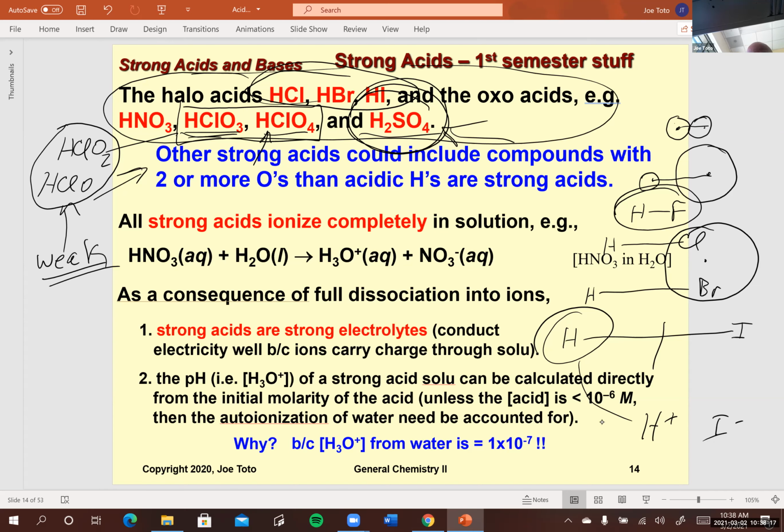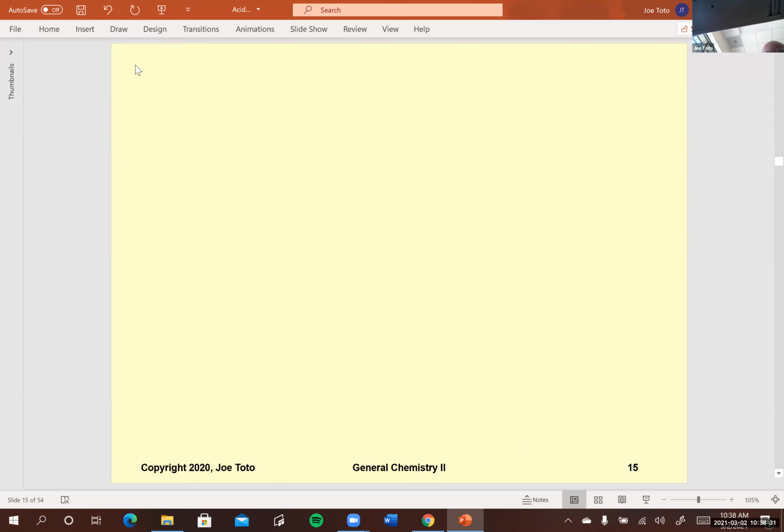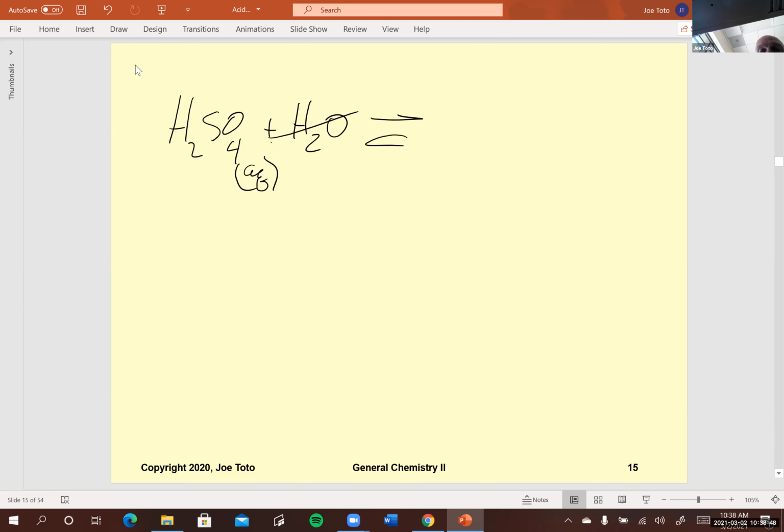And when you were in Chem 200, you recognized that as a strong acid. But was that really correct? In other words, you said H2SO4 plus water, or I could just get rid of that and put aqueous here, goes to 2H+ plus SO4 2-, right?